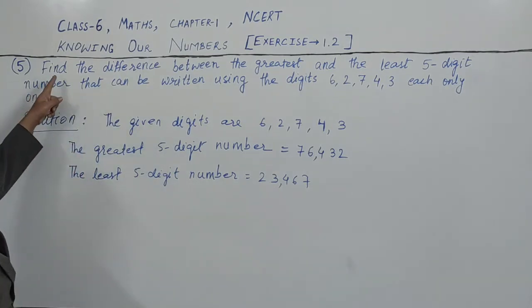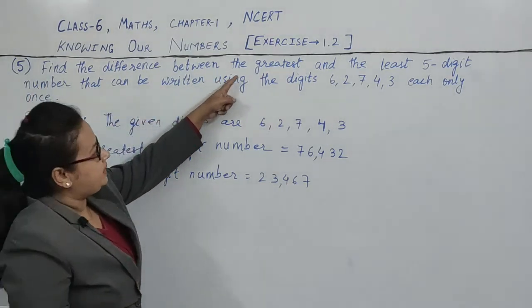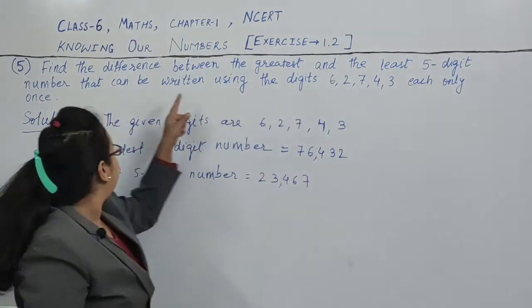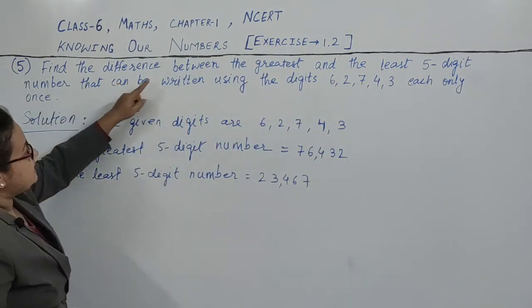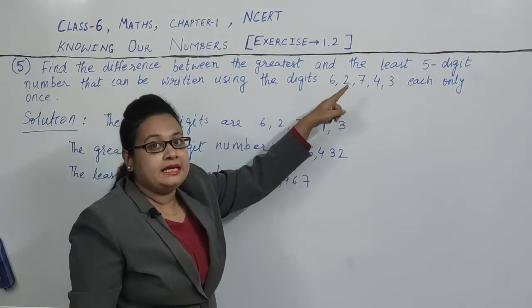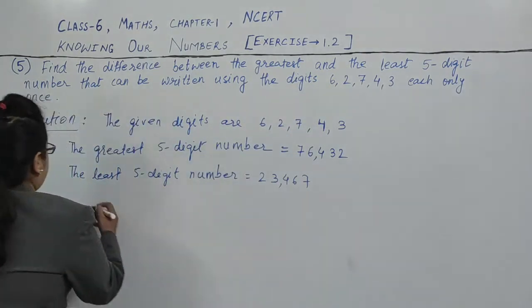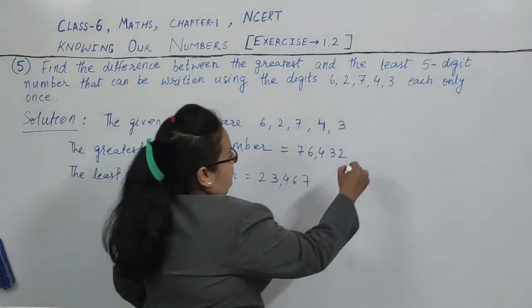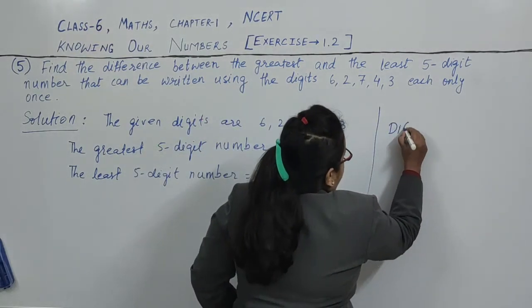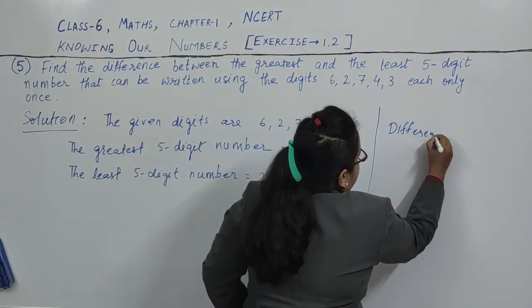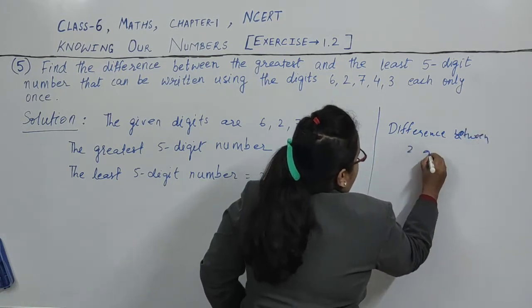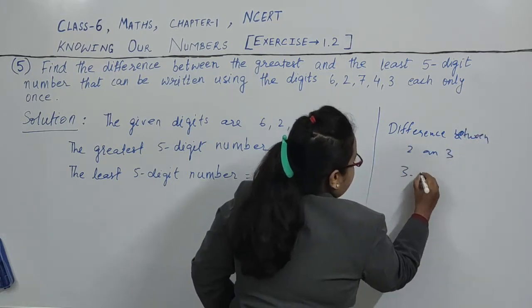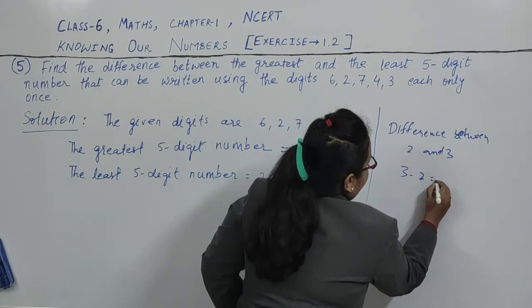Now the question is asking: find the difference between the greatest and the least 5-digit number. Difference means to subtract. For example, the difference between 2 and 3 is 3 minus 2, which is 1.